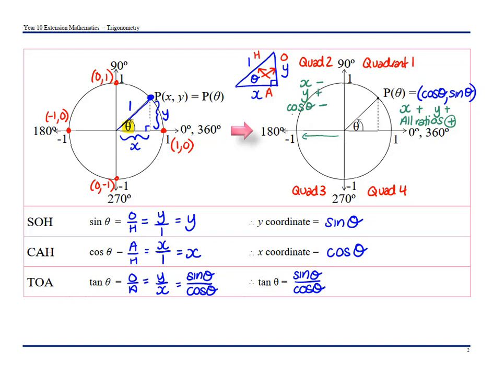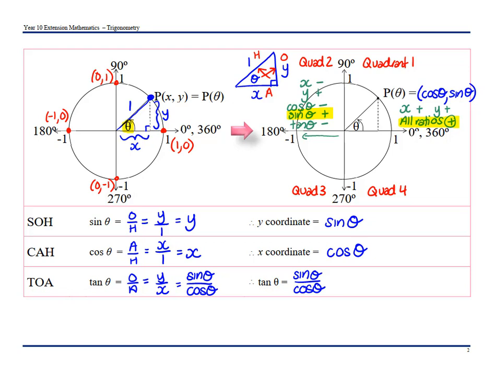Sine is my y, so my sine theta is going to be positive. Tan is sine over cos, so a positive divided by a negative is a negative. So in my first quadrant, all ratios are positive. In my second quadrant, only sine theta is positive.